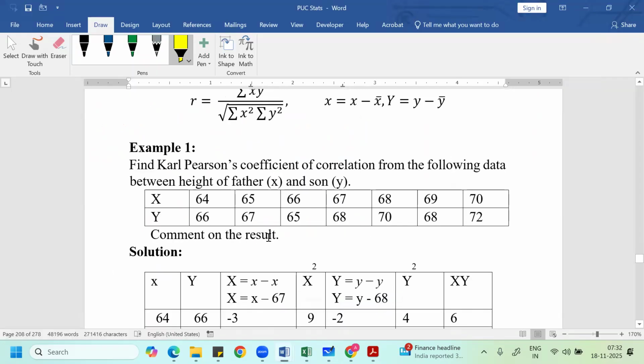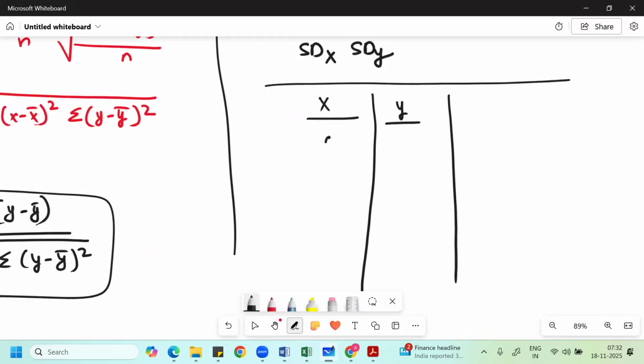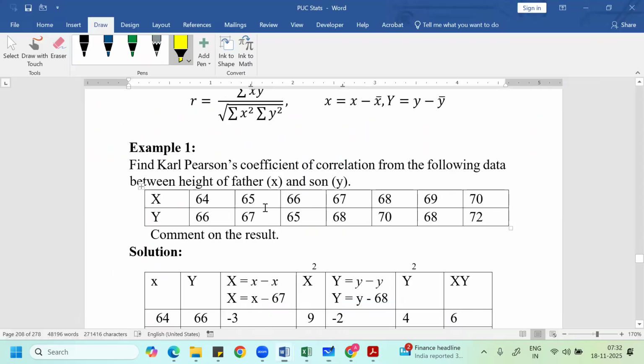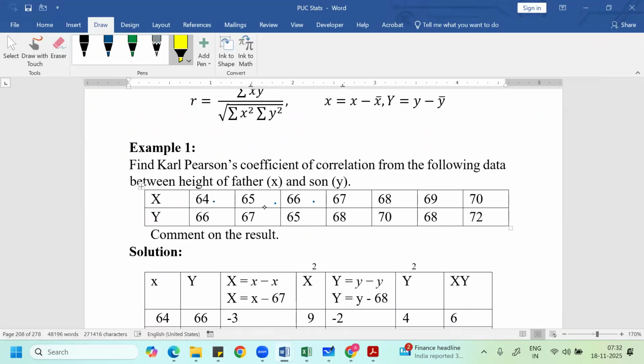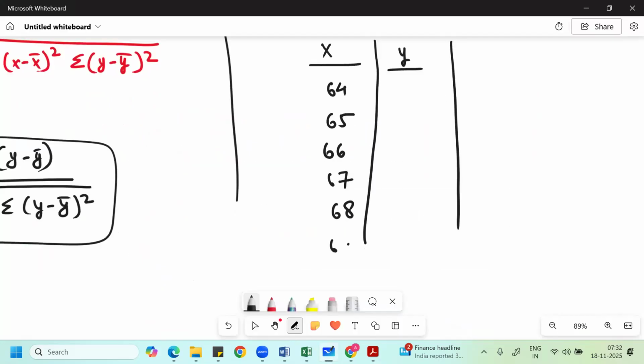The height of father: 64, 65, 66, 67, 68, 69, 70.